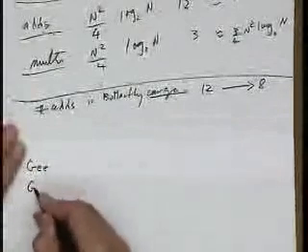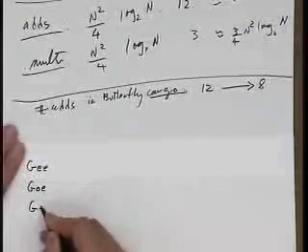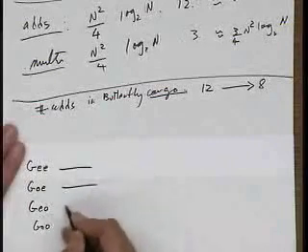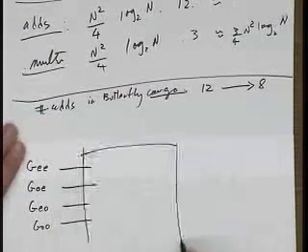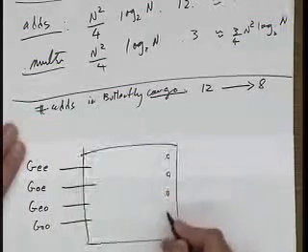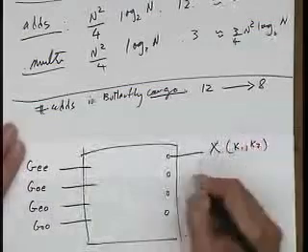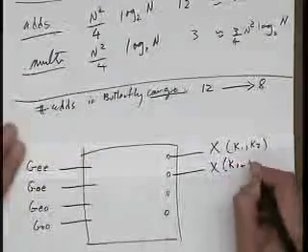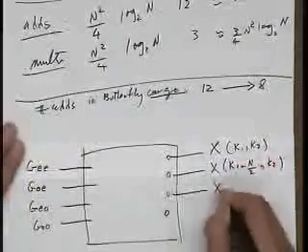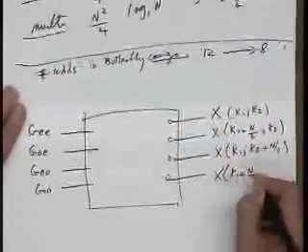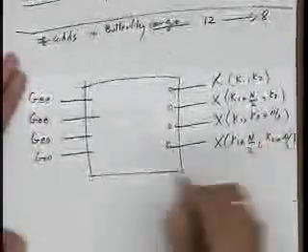So here's my GOEs and GEOs, my n over 2 by n over 2 DFTs. And they're coming into this box to result in x of k1 and k2, and then x of k1 plus n over 2 comma k2, and then x of k1 comma k2 plus n over 2, and then x of k1 plus n over 2 comma k2 plus n over 2.